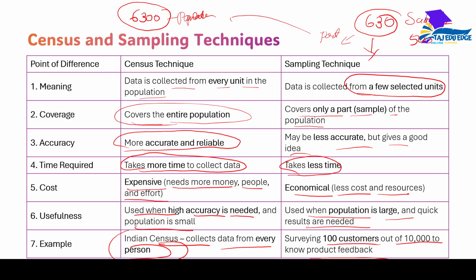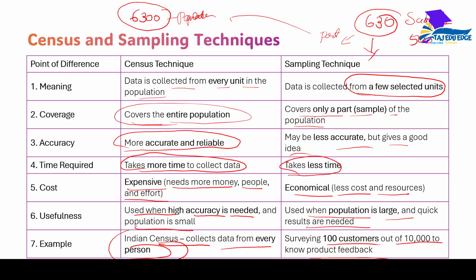Let's say you order food from Zomato. When Zomato sends a feedback link asking for a review about the food delivered or the delivery boy's behavior, every day it may be sending the link to around 10,000 customers.